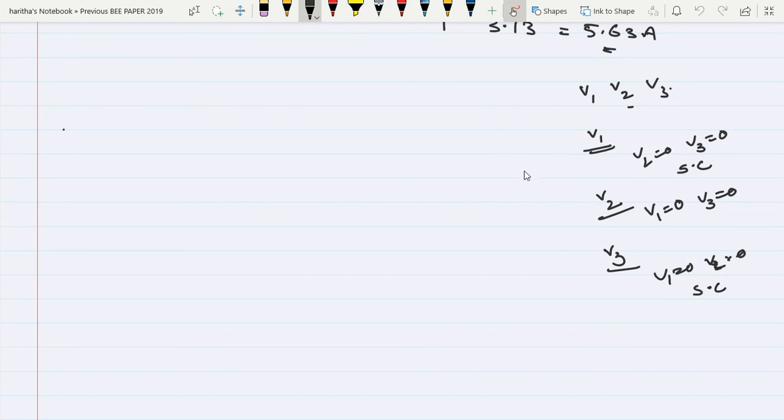And one more thing you have to remember: the direction of current in each case. All the directions must be the same. If the direction is not the same, change the sign of the current. Suppose I got the A to B current as 2, and in another case the B to A current as 3. Then what do I have to do?